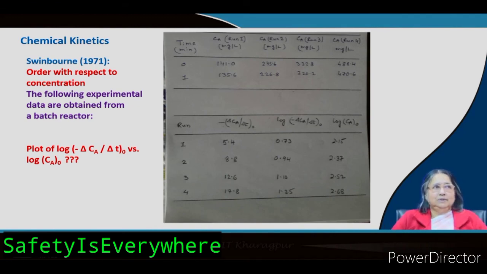In the first case you are taking the midpoint as the concentration, the average of two different concentrations, and in this case you are taking the initial concentration, considering a very short time period, and that is the order with respect to concentration.